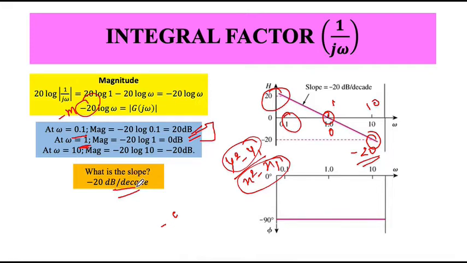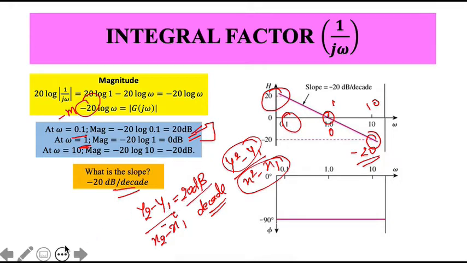Again, it is very simple what is happening here: y2 minus y1 is 20 decibel and x2 minus x1 is in decades, right? The advantage of doing this is that I will have 10 to the power 3, 10 to the power 4 and so on.